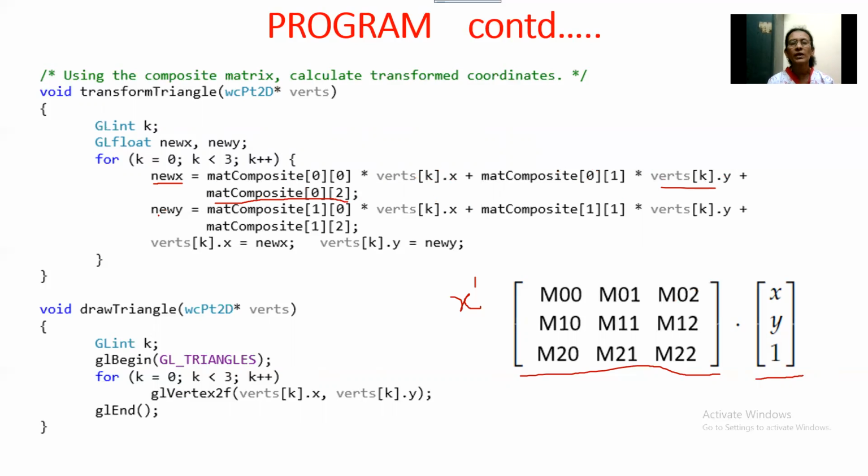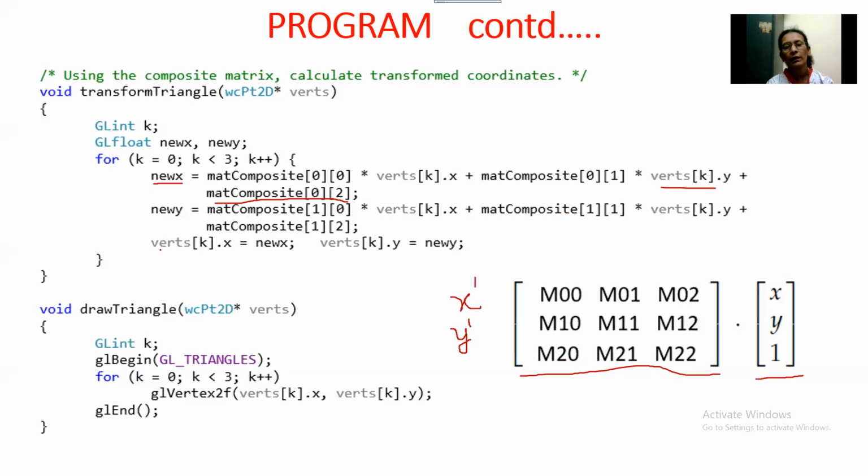In the same way, my y dash would be given by m10 into x, m11 into y, m12 into 1. So that is what I have calculated here. Now this last row will remain the same, 0, 0, 1, so I'm not doing anything.